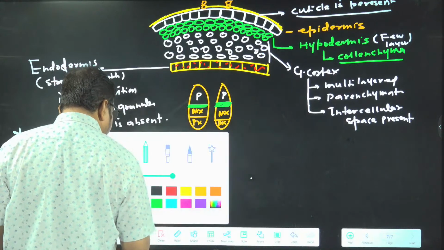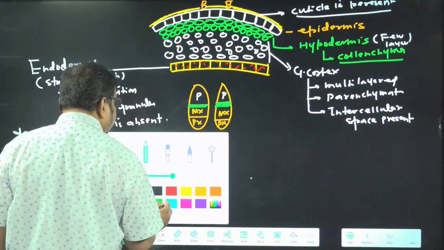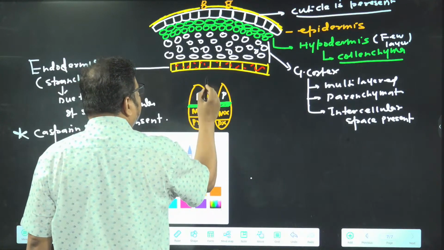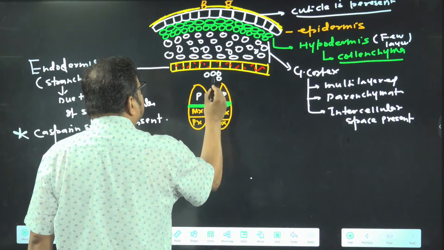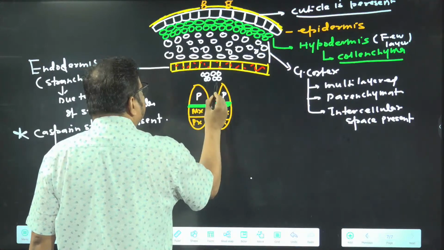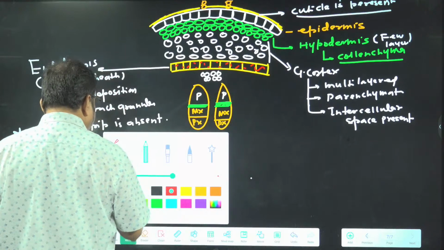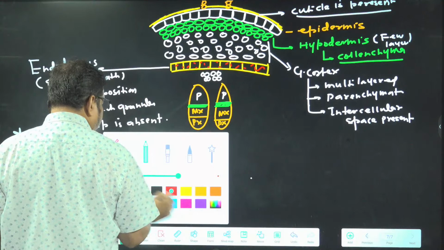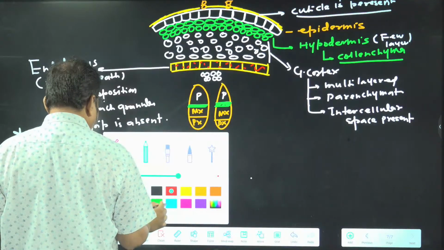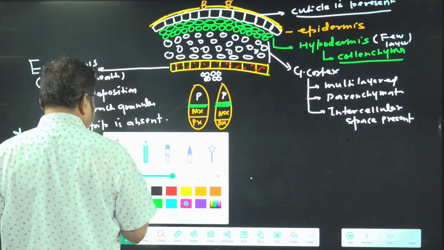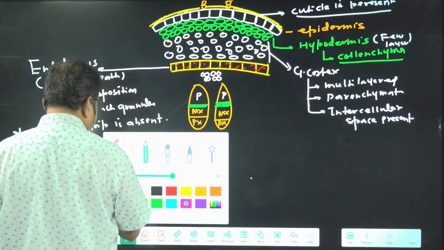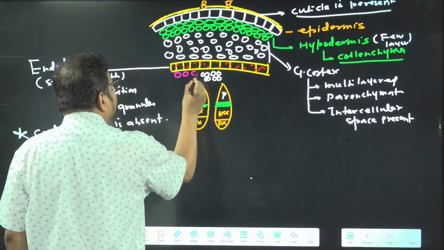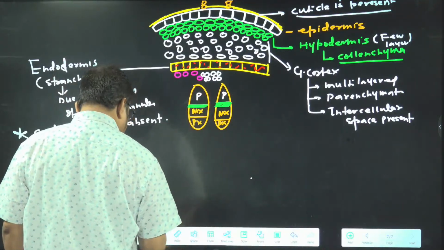Now here I am drawing a sclerenchyma first. Sclerenchyma is made up of few layers. Just a minute, let me erase first.